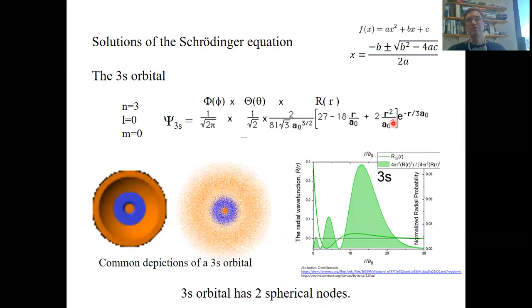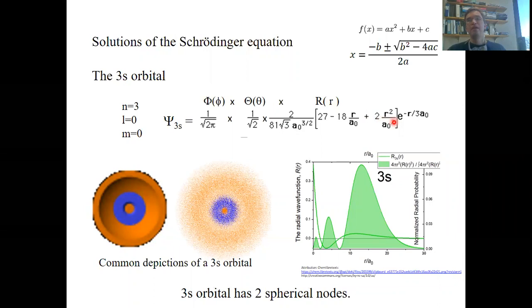So you see that this term has the format of a general square function of the type ax squared plus bx plus c. Now c in this case would be 27. b would be minus 18 over a0, and a would be 2 over a0 squared.